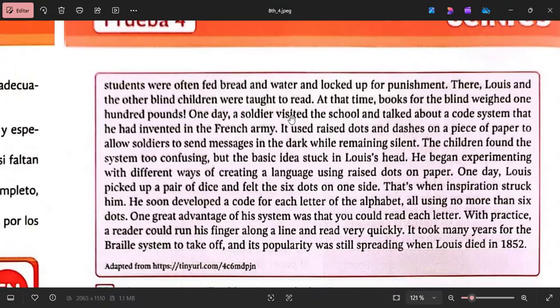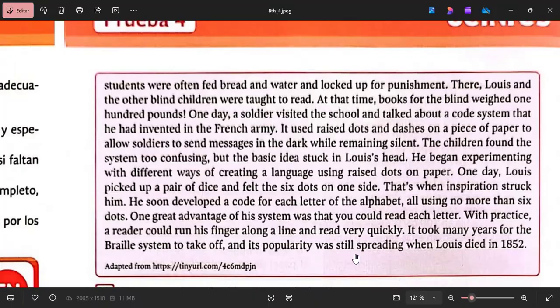He soon developed a code for each letter of the alphabet, all using no more than 6 dots. One great advantage of his system was that you could read each letter. With practice, a reader could run his finger along a line and read very quickly.